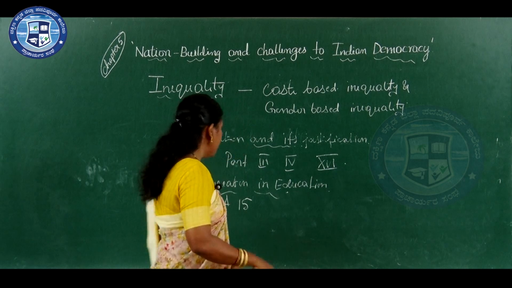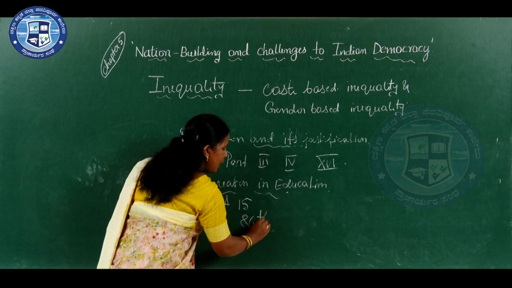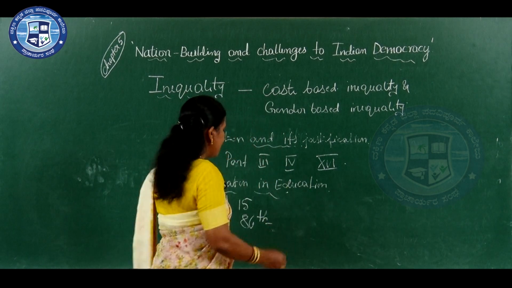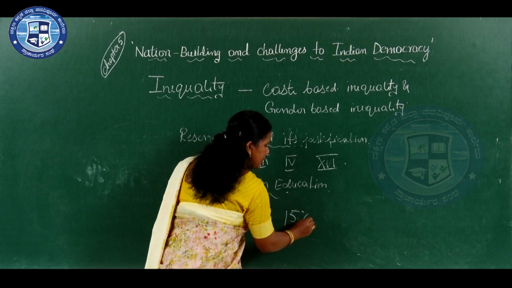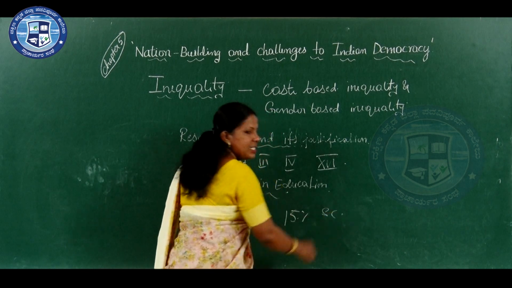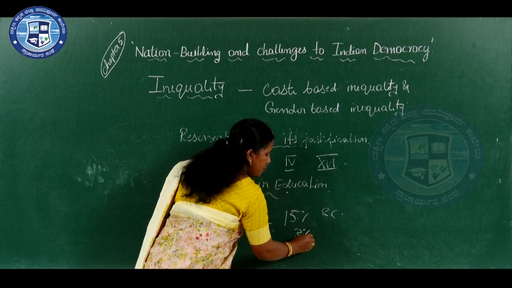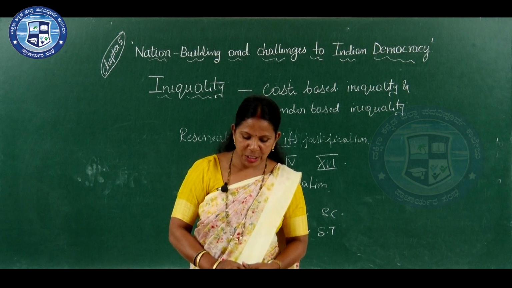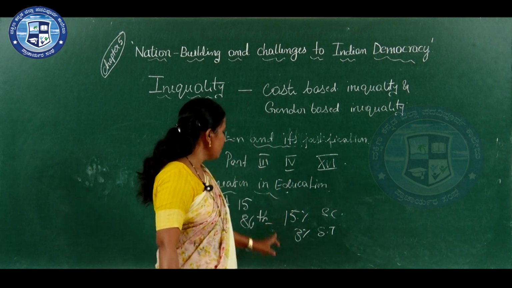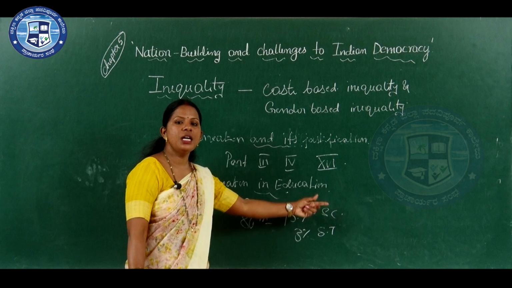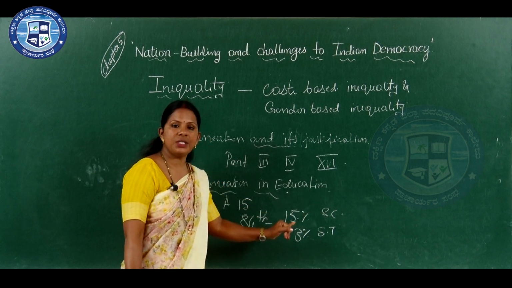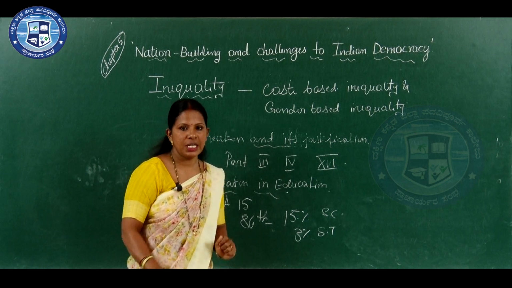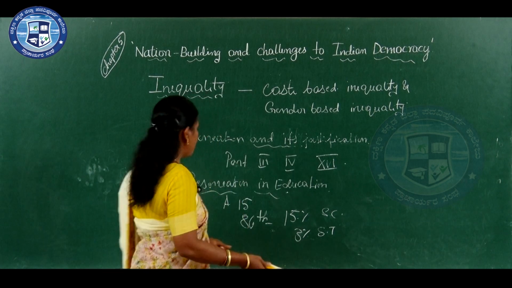As per the 86th Constitutional Amendment Act, 15% of seats are reserved for scheduled castes and 3% of seats are reserved for scheduled tribes in educational institutions. This is the reservation in education.